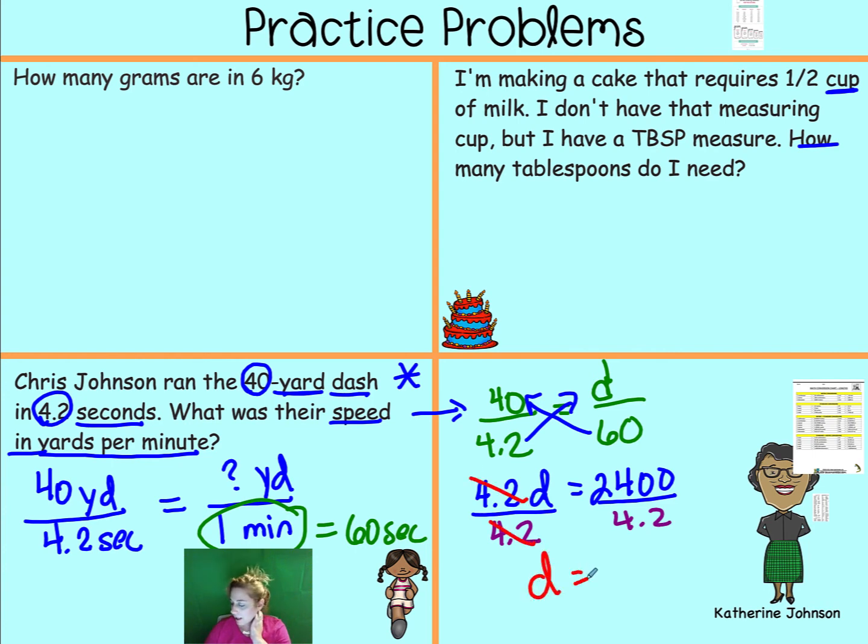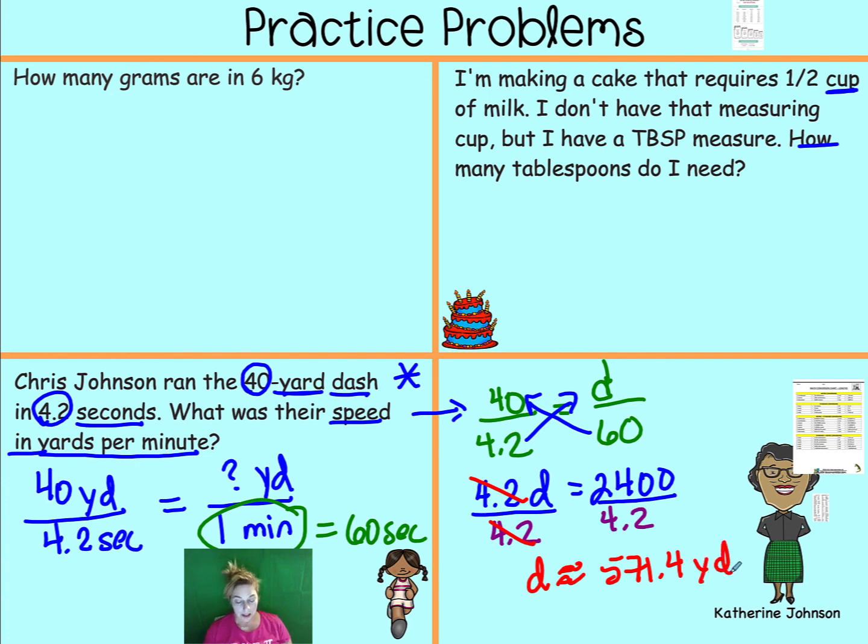So I take my handy dandy calculator, and I get approximately, because there's a bunch of decimals, I'm going to round to the tenths place, 571 and 4/10, and the units is yards.